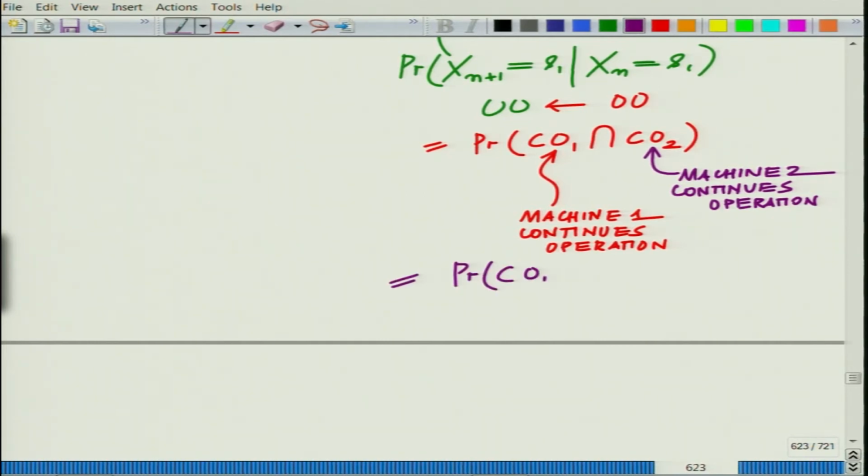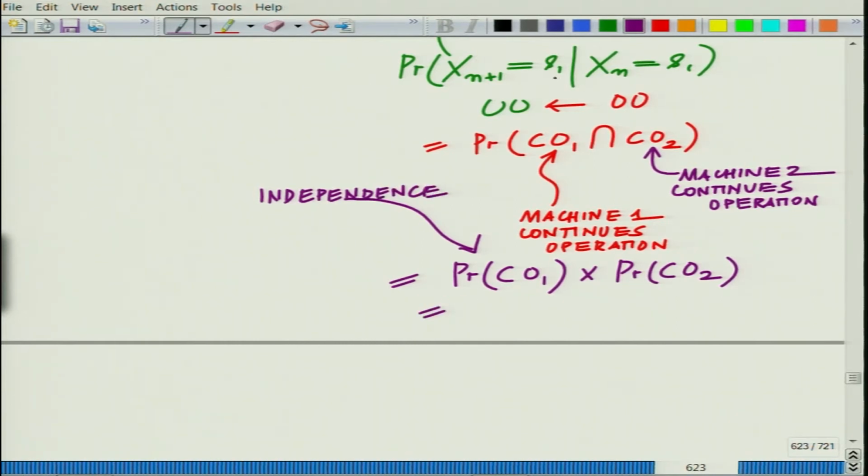So this becomes the probability that machine 1 continues to be operational times the probability that machine 2 continues to be operational, because of the independence. It is 0.95 times 0.95, which is 0.9025.